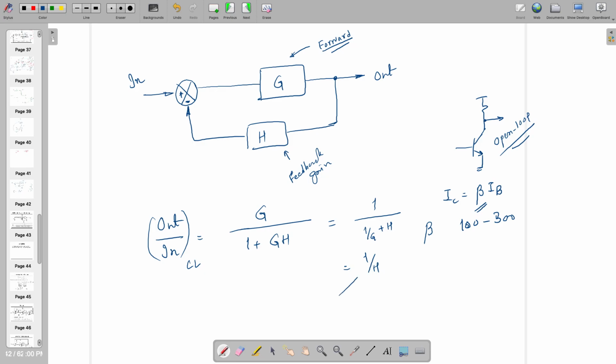And for every condition, which we call PVT, process, voltage and temperature, for any temperature, any voltage, or any company making such a circuit, my PVT closed loop gain should still be 1 by H only, meaning depending only on feedback, not on open loop forward gain. And that is what we are doing here.